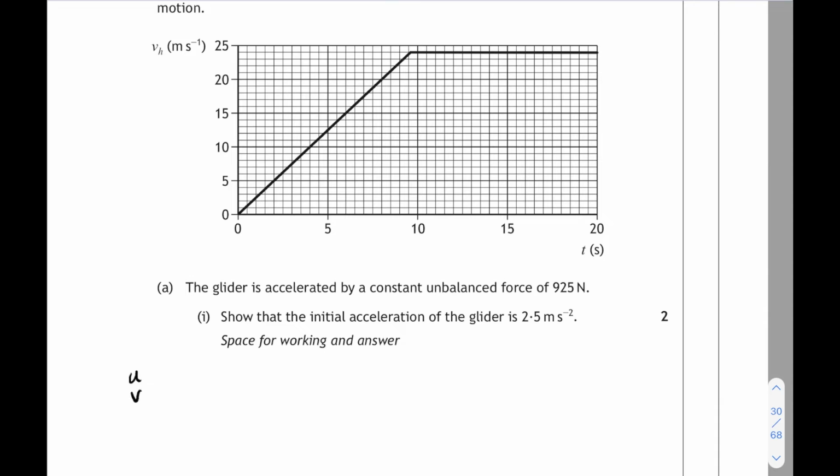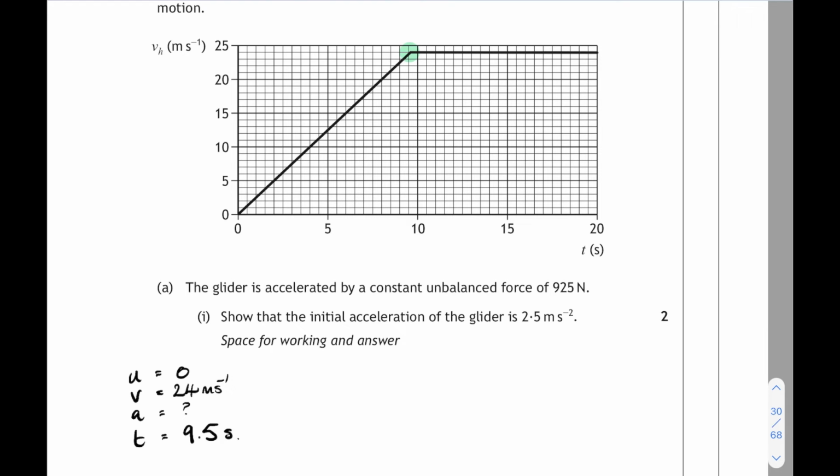So let's make a little list of all the information that we need. We know the initial speed is 0 and the final speed is 24 meters per second. That's the maximum speed it reaches, and we're looking for the acceleration and the time it took to reach that final speed of 24 is, that's quite difficult to read, I think that's about 9.5 seconds.